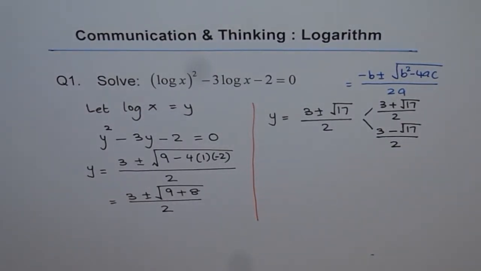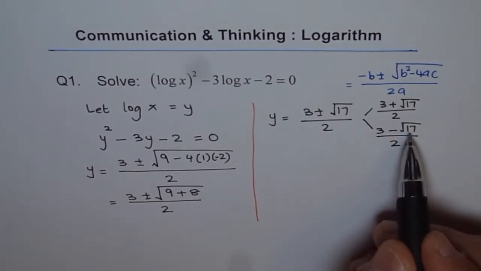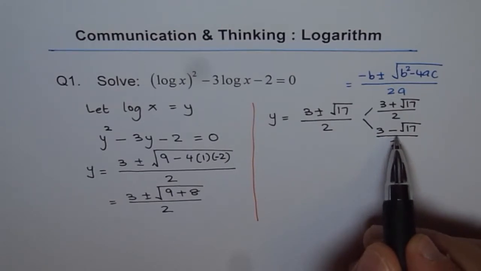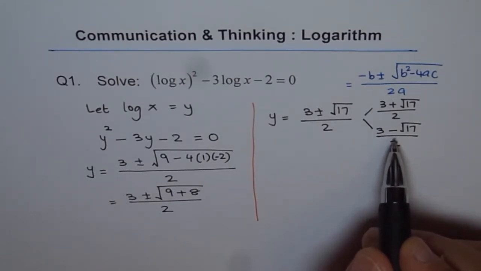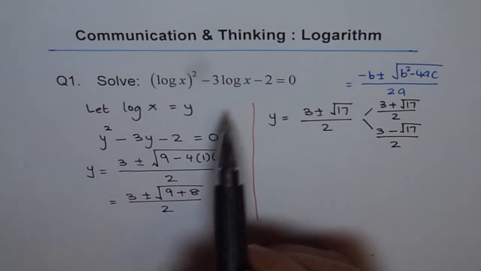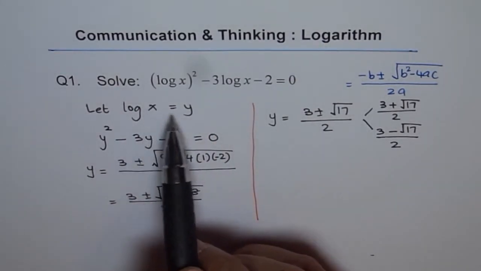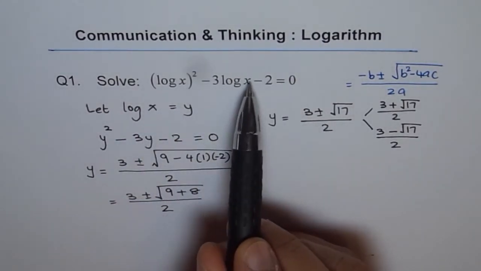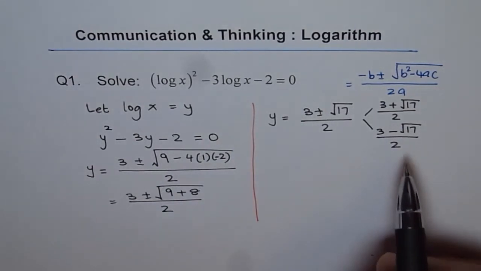First let's see what is square root of 17 equals to. Square root of 17 is equals to 4.12. So if I write 4.12 here, this becomes negative. We will see if that works or not, but I'm sure it will not work because log x is equals to y, and we'll see how it works.